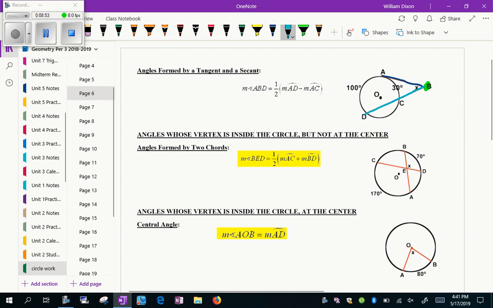So once again, it's outside, and the relationship is going to be AD, the intercepted arc, the major minus the minor, which is 30 degrees. So I'm going to write that up. x equals 1/2 of 100 minus 30, or x equals 35 degrees.